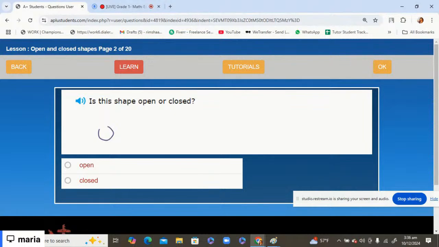So everyone tell me please, is this open or closed? First of all, what we see? We see the starting and the ending point. Starting and ending point is same.